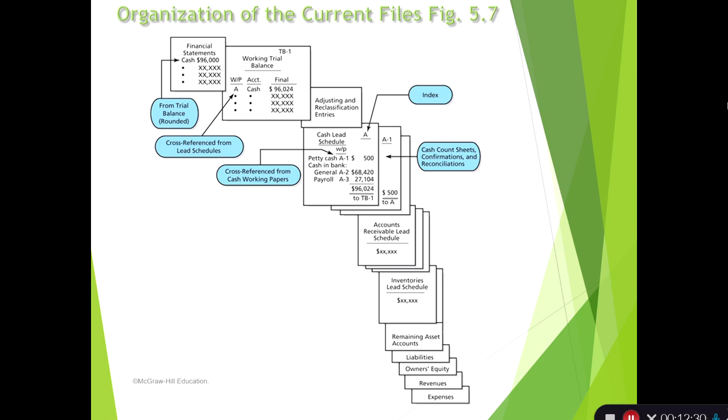So you have a cash schedule, and then you might have details related to that cash schedule. Same thing for accounts receivable or inventory or the different accounts. The point is you'd have a hierarchy that you'd be able to go through to document all your work in these different areas.